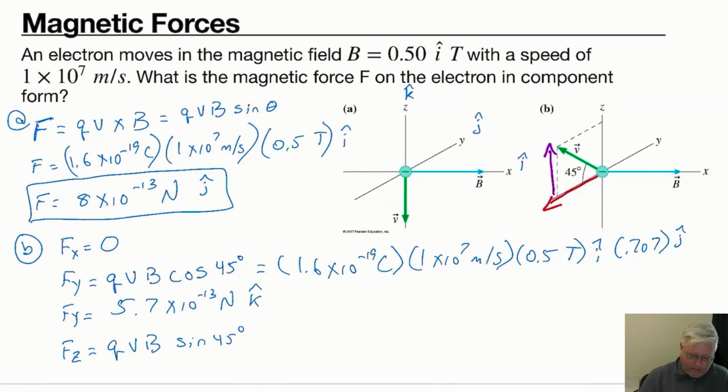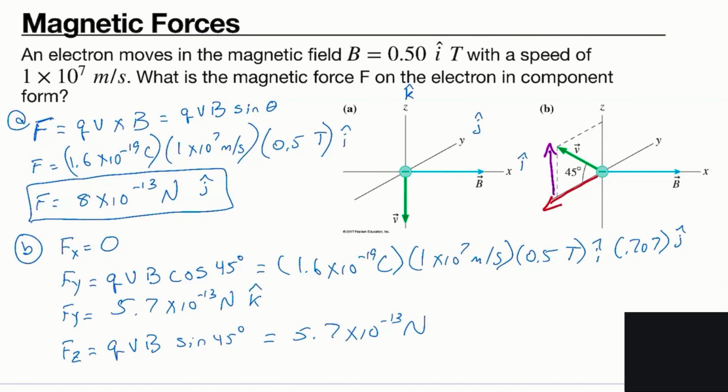So it'll still end up being 5.7 times 10 to the minus 13th newtons. But since now we're crossing the x with the z, which direction is the force going to be in? In the y? Yes. All right. So on y is the j hat.